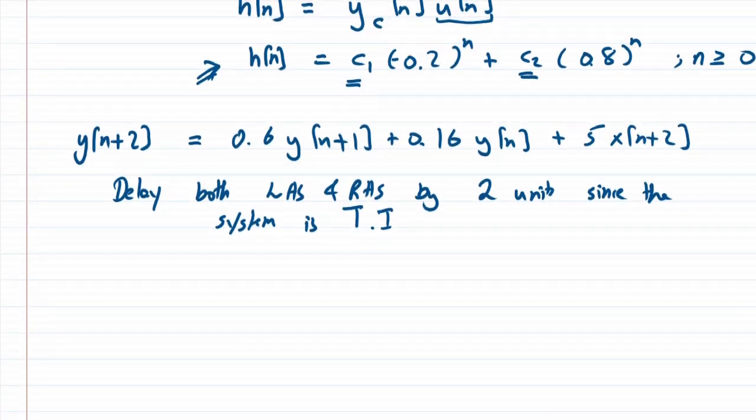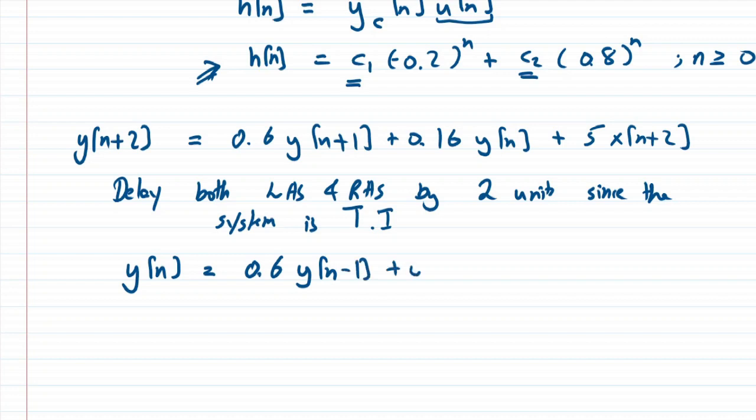So hence we would have y of n equal to 0.6 y of n minus 1 plus 0.16 y of n minus 2 plus 5, and the input would also be delayed, right? So this is x of n. So this is now our remodeled difference equation.